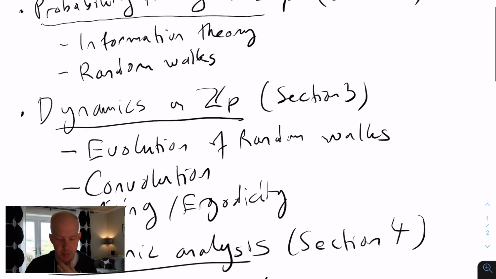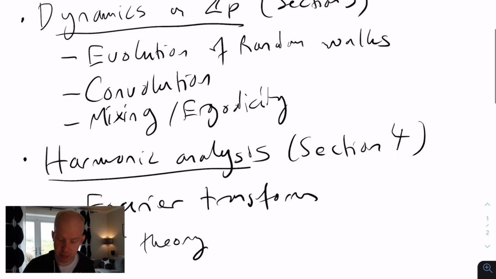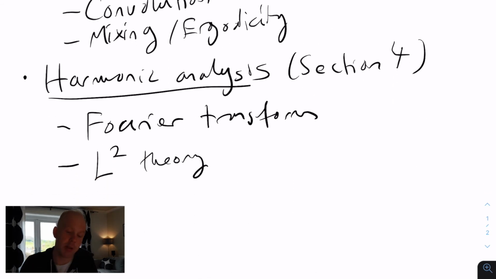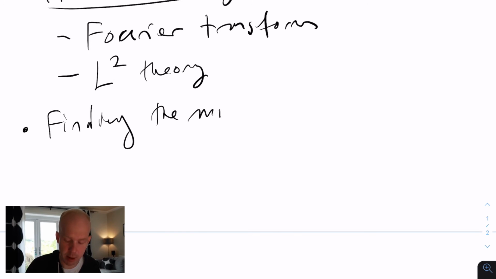The purpose of this is to show that when you start from these probabilistic models like random walks and these groups, let's say this ZP, you will be able to study those random walks using these methods of harmonic analysis. So instead of just introducing harmonic analysis as a theoretical tool, we will actually apply it immediately. We will apply this to the random walks, and that's the purpose of section 5, finding the mixing time.